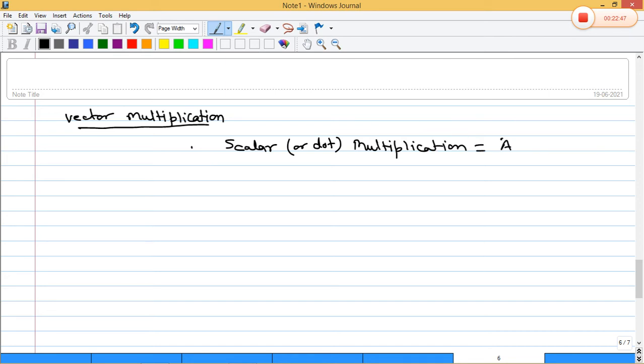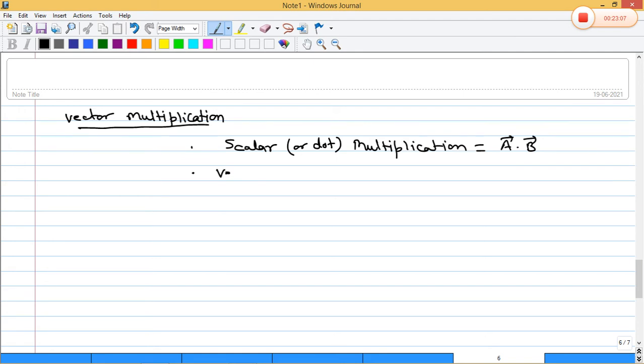Just like A dot B, this is the scalar multiplication. Why we call it scalar multiplication, I will discuss later, and also what happens with this result.